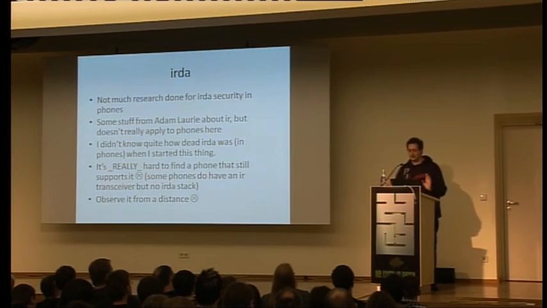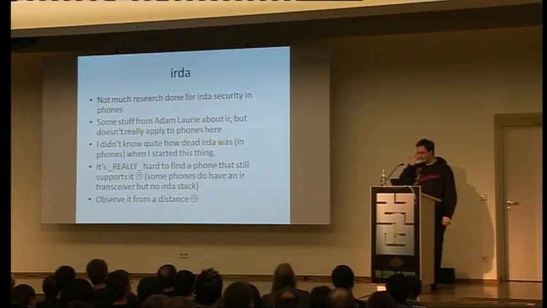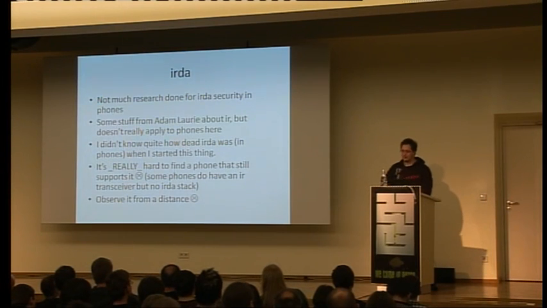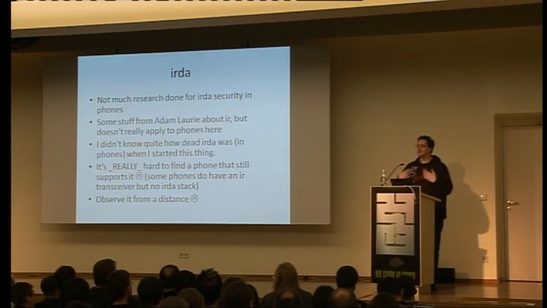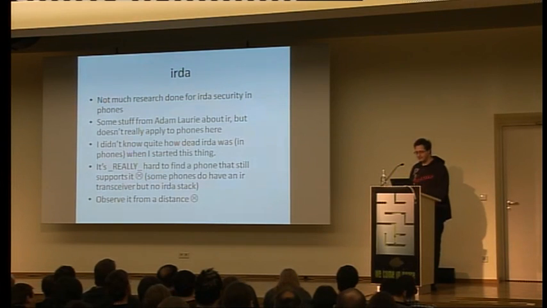I've been told there's still a couple out there, but I couldn't find one. But I still thought, there's nothing done there, I want to go look at it. But I'll only observe this from a distance because I never got to send it to an actual phone.